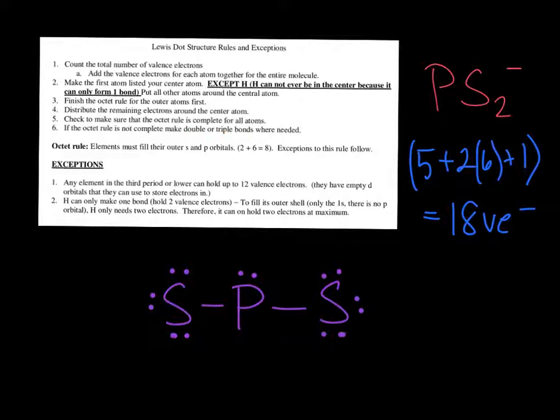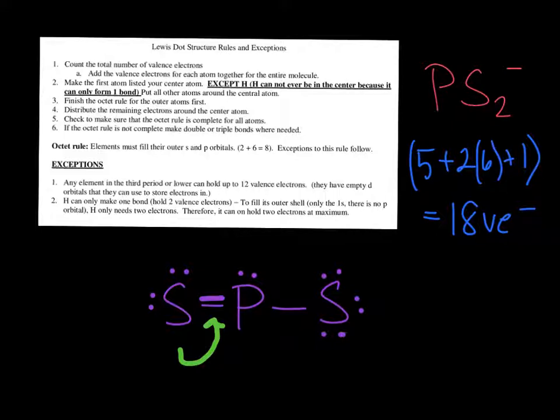And so one of these sulfurs, again, is going to have to share an extra pair of electrons. So I'm going to pick this one this time to go down here and double bond. So there's a double bond there. And the electrons are going to have to disappear here because they've moved over.